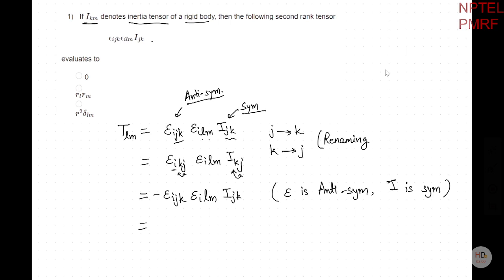Now if you look at this, it's the same as what we started with, except that there is a negative sign. So this is in fact minus T_lm, which means 2 T_lm is 0, which means T_lm is 0, which means any lm component is 0.